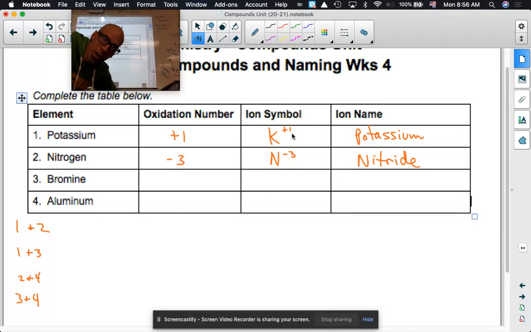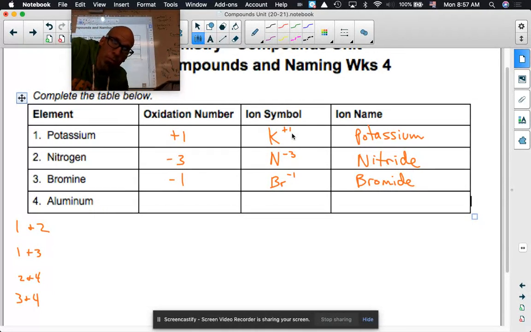And then we have bromine, which is also a negative. It's a -1. It's a halogen all the way on the right side there next to the noble gases. And that would be a Br with a -1 superscript. And that also would have a name change. And so "ine" falls off and we put "ide" in its place. So instead of bromine, it's bromide, like so.